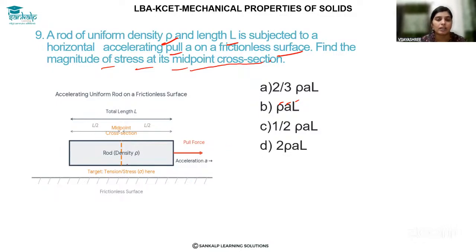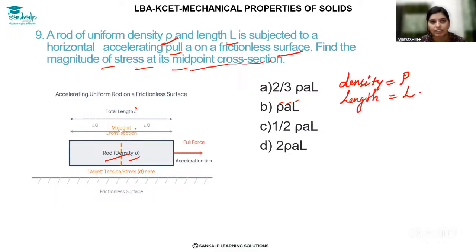So what are we given? The density of the rod is rho, the Greek letter. The surface is frictionless, a smooth surface, and the length of the rod is L. The rod is pulled with a horizontal accelerating pull on a frictionless surface.